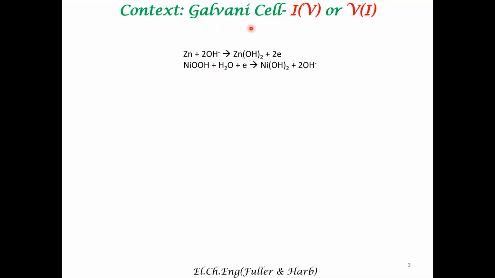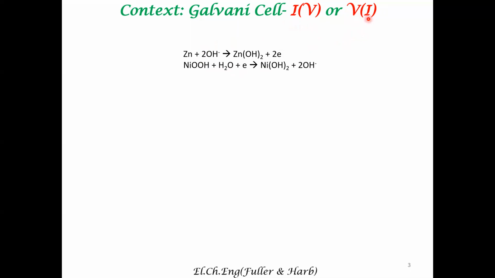So what is it that we want to be doing? The problem we would like to solve is that if this Galvani cell is discharging at a particular current, you want to know what is the voltage that you can get from such a cell. Or the other way around, if you want a particular voltage from the cell, if the voltage is fixed, what is the current you can get from the Galvani cell?